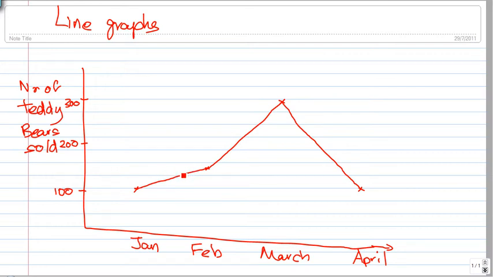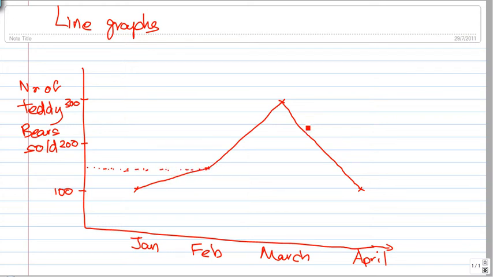Okay, this line graph shows the number of teddy bears sold by a retail store in the months of January, February, March, and April. You can see here that in the month of January they sold 100 teddy bears. In the month of Feb they sold approximately 150 teddy bears, because it's in the middle of 100 and 200.